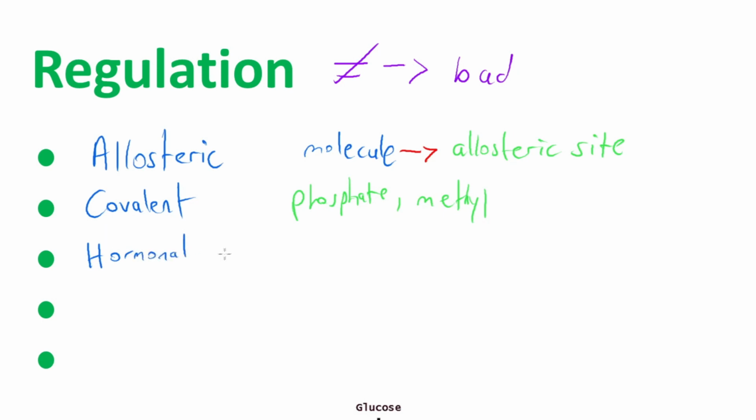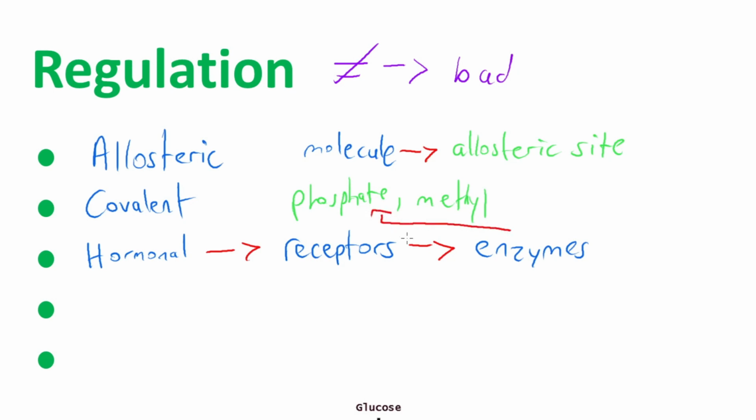When hormones act on receptors and through a signaling cascade, you eventually get some reaction. And then this, let's say, activates some enzymes, and these enzymes can do covalent modifications, such as kinases. So obviously these regulatory pathways have to be connected to one another.